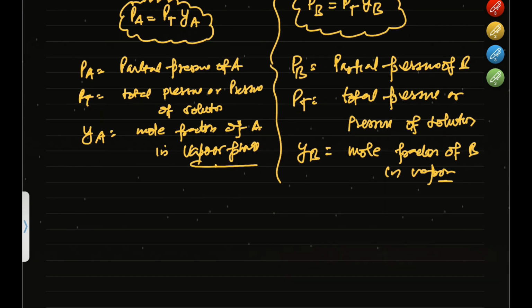Till now we have two laws or two formulas to find out the partial vapor pressure of the component. First from Raoult's law and second from Dalton's law.